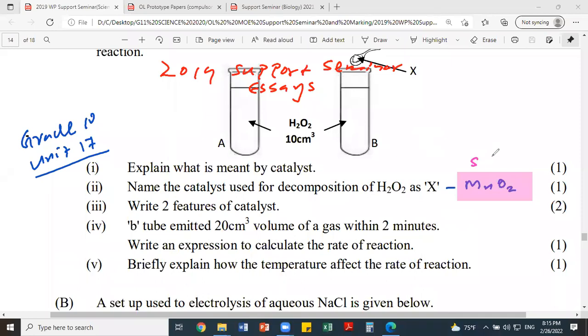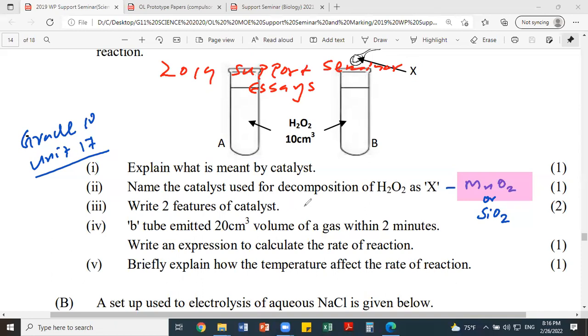Silicon dioxide, silica, also can be used instead of MnO2 to increase the rate of this reaction. Hydrogen peroxide can be decomposed even in the presence of light and heat, but they are not considered catalysts, right? A catalyst should be a material substance.